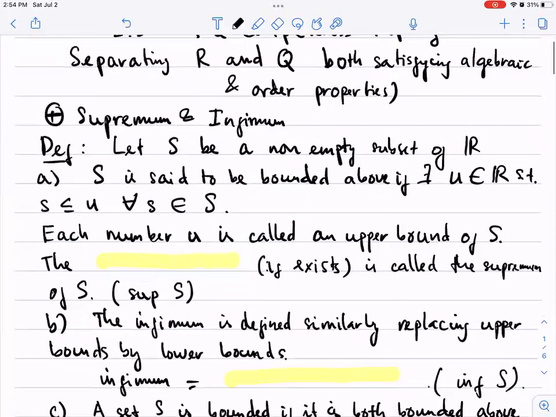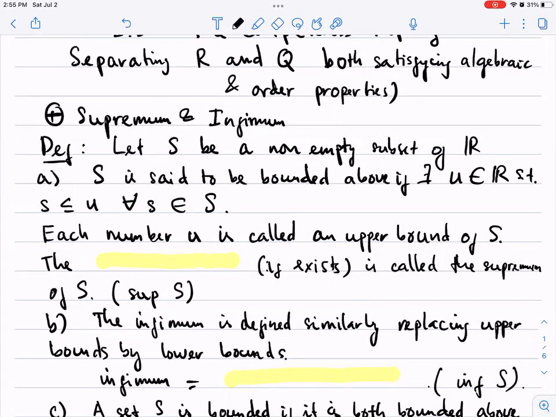Now, in order to define the completeness property, we start with a few definitions. First, we talk about supremum and infimum. What are they? Here is the definition. Let S be a non-empty subset of the set of real numbers.